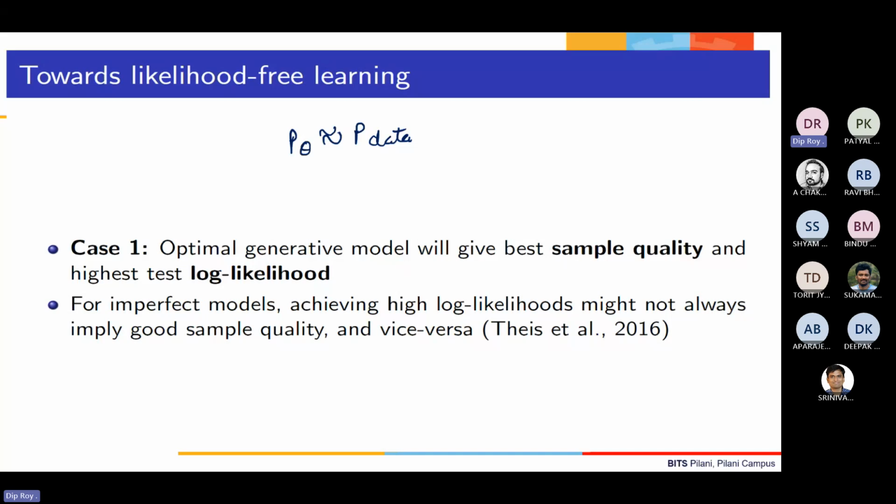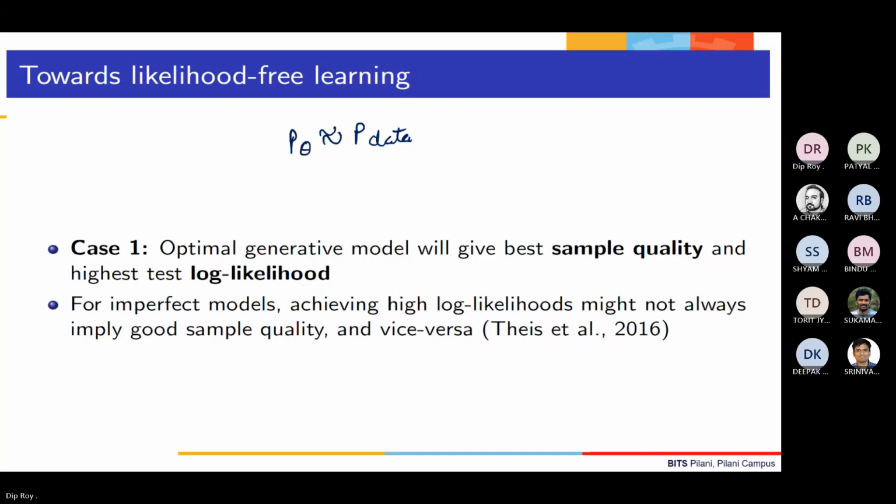And experimentally, it has been shown that in such cases, achieving high log likelihoods might not always imply good samples, and vice versa. We will talk through why this is the case, and we will derive the same thing as well. Okay, so this is the first case.